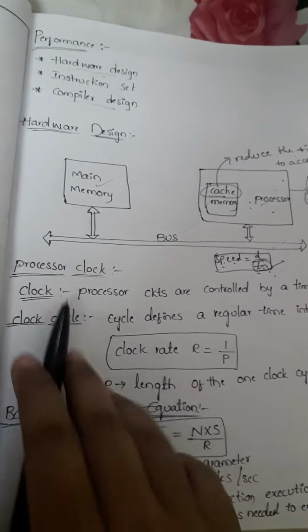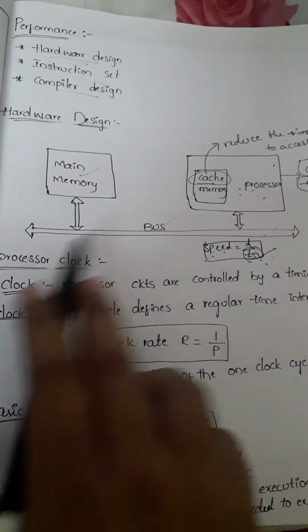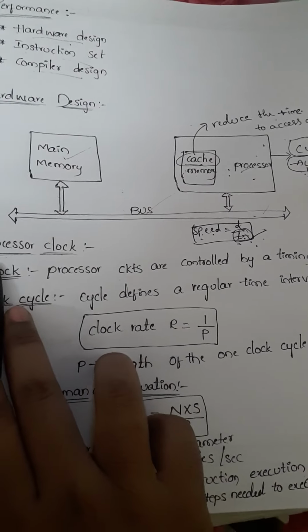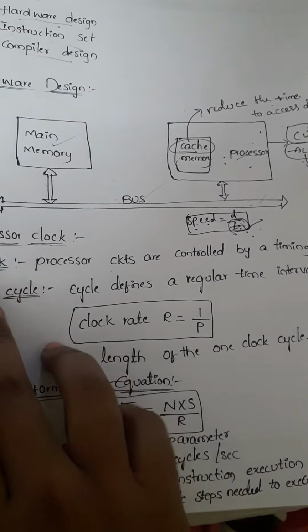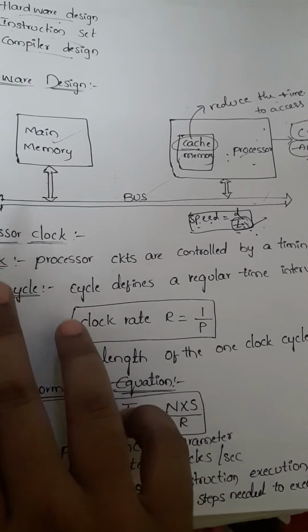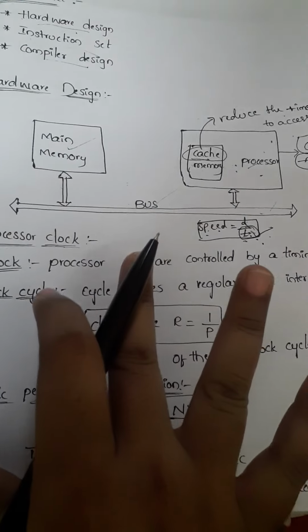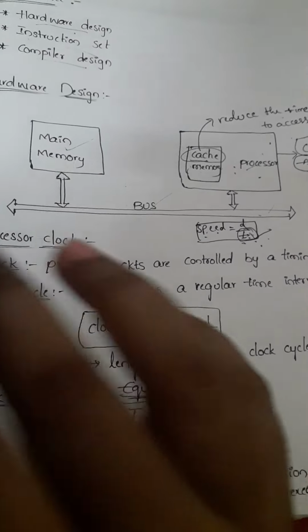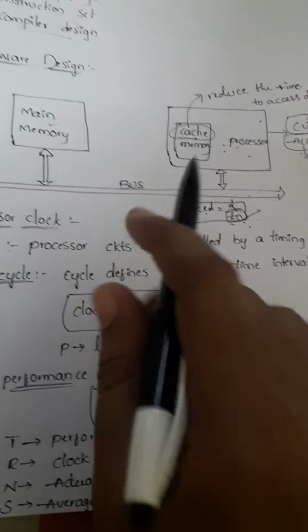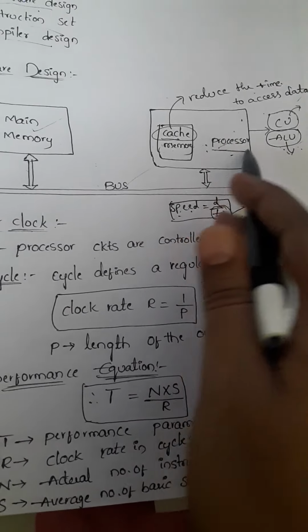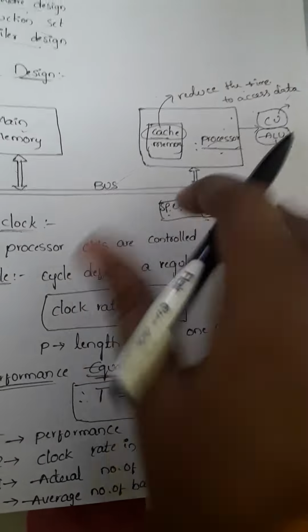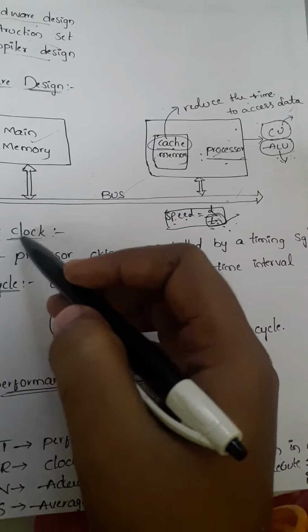So see here, processor clock. Time here is the processor clock. All processor circuits are controlled by a timing signal that is known as the clock. What is meant by clock? Whatever processor circuits we have, all of them are controlled by one timing signal that is called the clock.